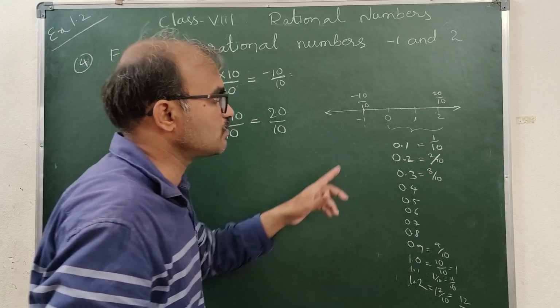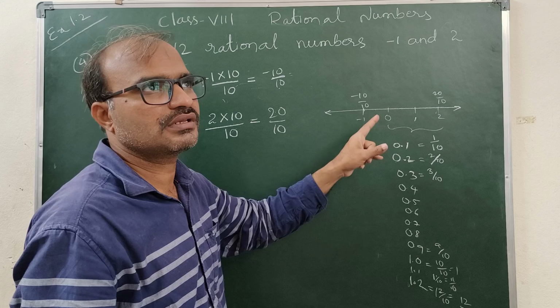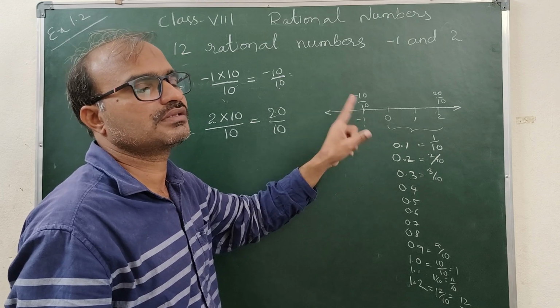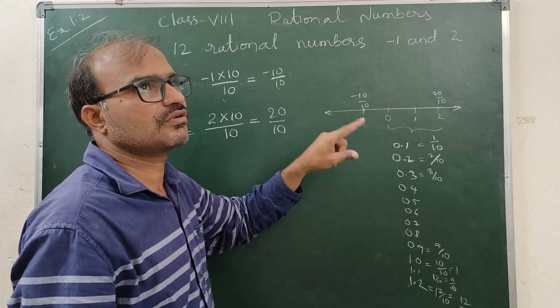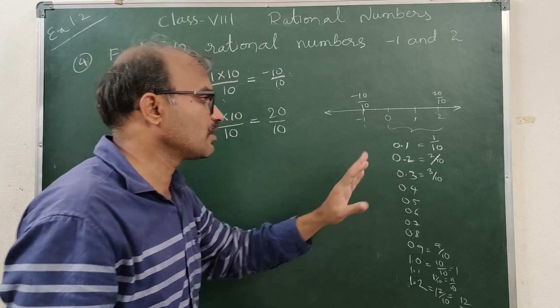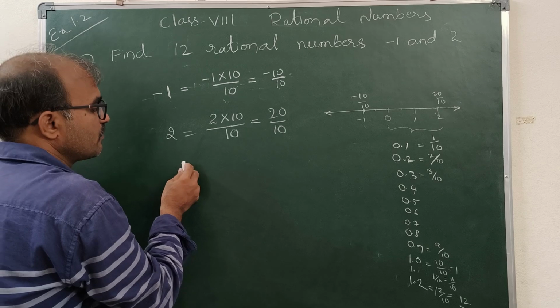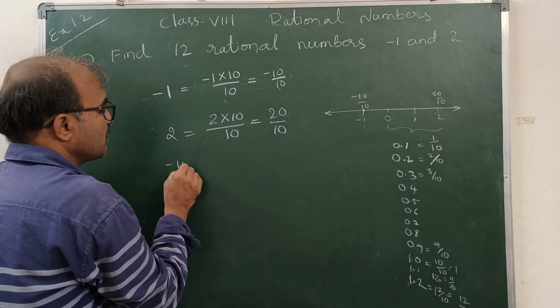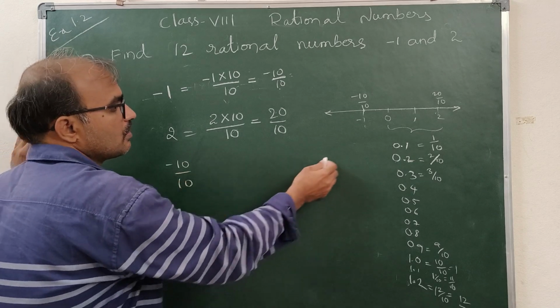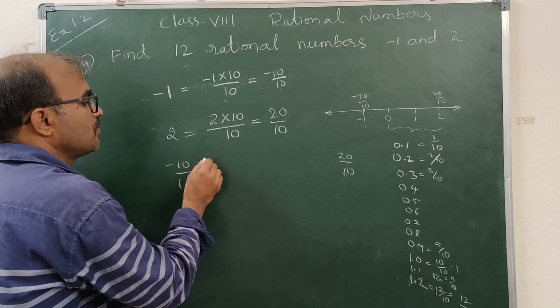You know the integers from -10 to 20: -9, -8, -7, -6, -5, -4, -3, -2, -1, 0, 1, 2, 3, 4, 5, 6, 7, 8, 9, 10. You can write all those numbers by keeping denominator 10 for each one. So between -10 by 10 and 20 by 10, you have to write 12 numbers, right?